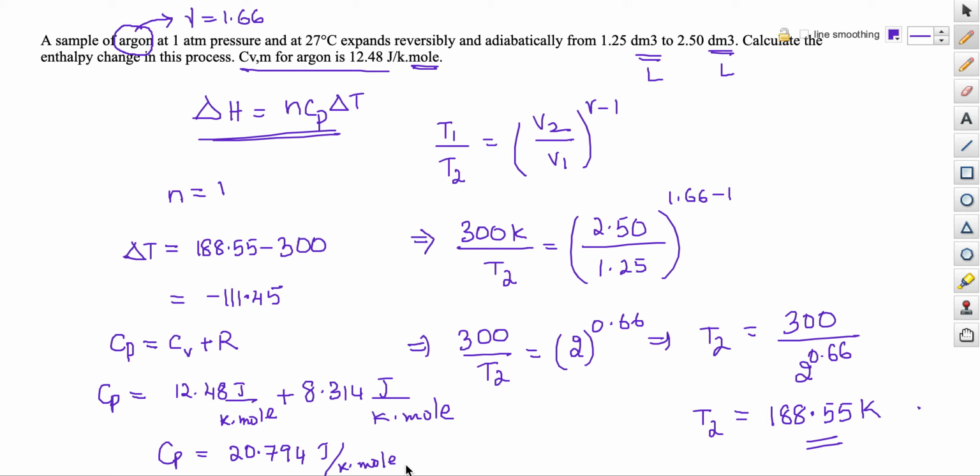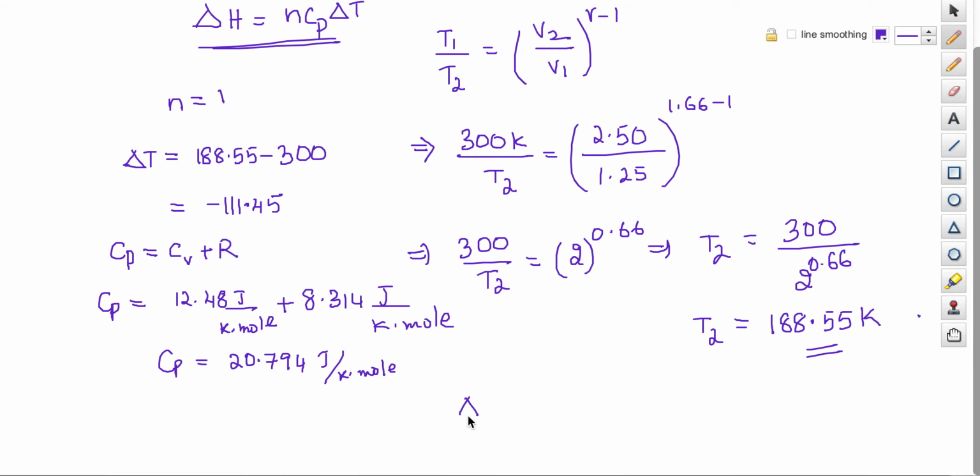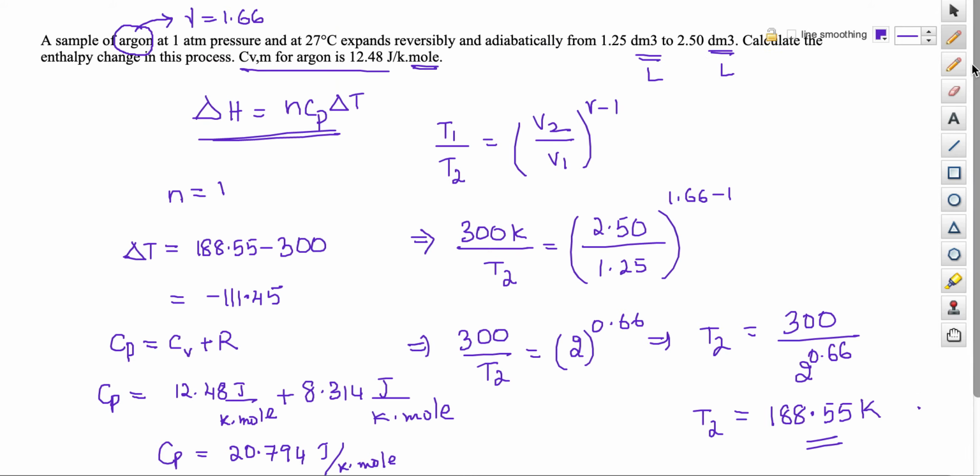We know the Cp value and we know the delta T value. And what are we going to get? Let's see now. Delta H is equal to 1 times, okay, let's find out what is the mass here. Is it n equal to 1 in this process?